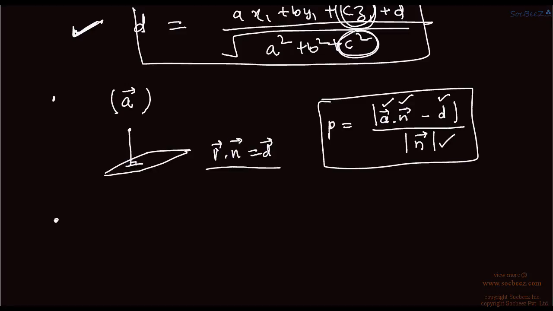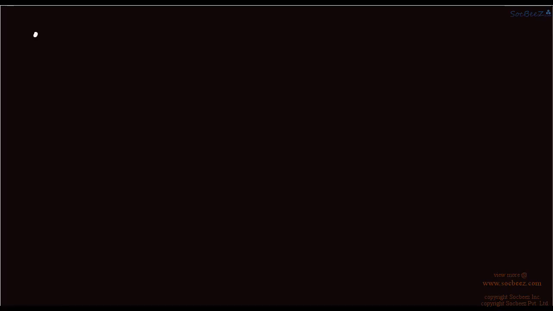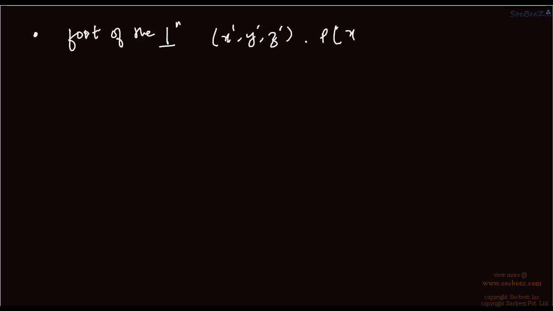Then the next formula is, let's write it on another page. Foot of perpendicular. Let's say the foot of the perpendicular was x dash, y dash, and z dash, drawn from the point x1, y1, z1, and the plane was ax plus by plus cz plus d is equal to 0.